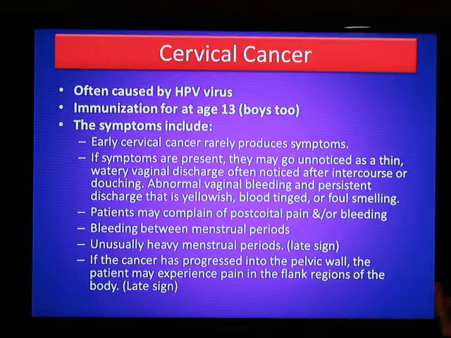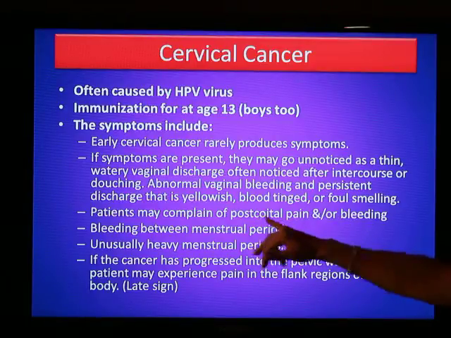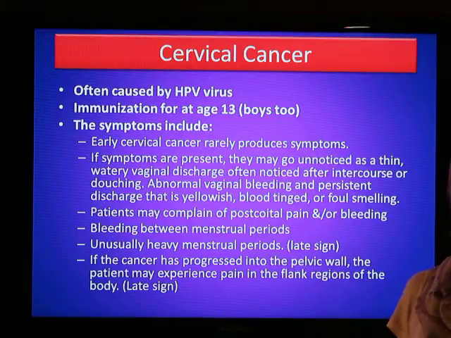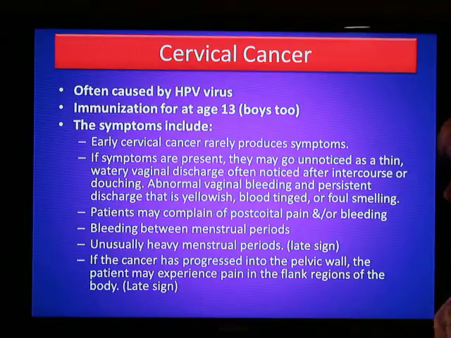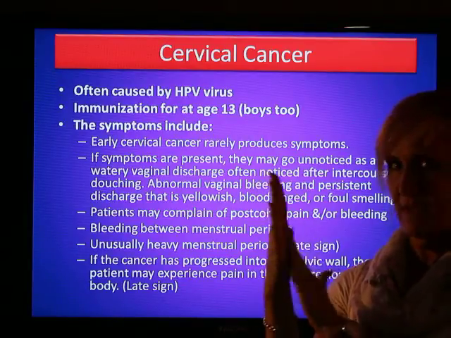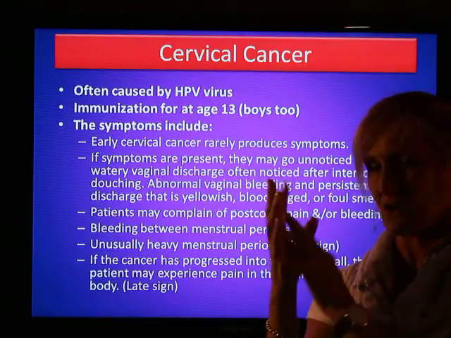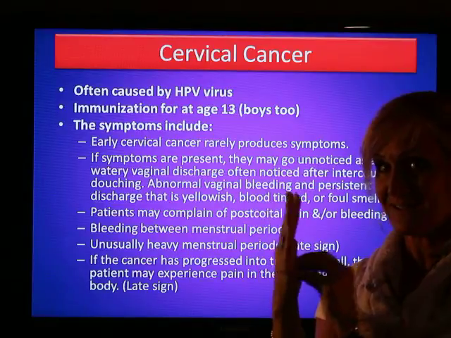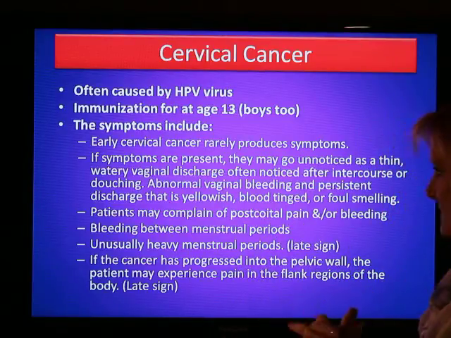They could have some postcoital, this is the word for after sex, pain. So they would have sexual intercourse and then have some discomfort afterwards, because the tip of the penis kind of bangs on that cervix and can cause it to swell up. And if it's already got some malignancies there, then that can lead to some discomfort afterwards.